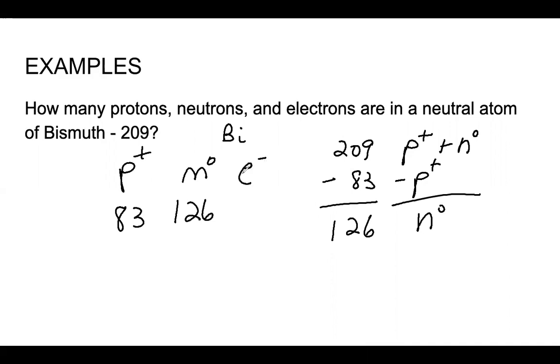And then for the electrons, as long as it's a neutral atom, and that's what they're telling us it is, the protons and the electrons have to be equal. Proton is +1, so we have plus 83. Electron is -1, so we need minus 83, so we need 83 electrons.